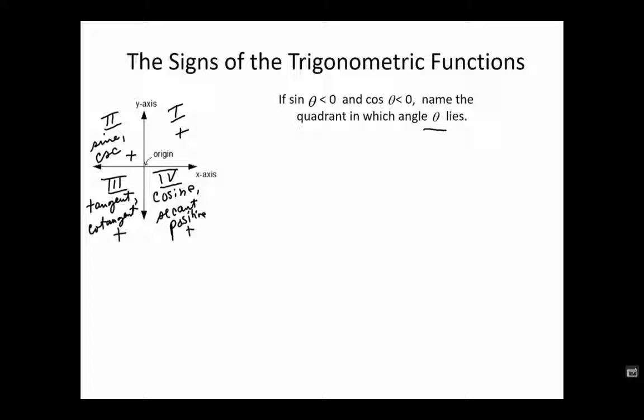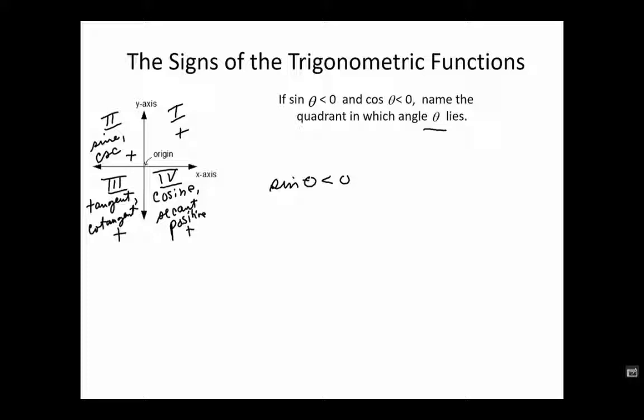The sine of theta is less than 0, so theta cannot lie in quadrant 1. Theta cannot lie in quadrant 2, since the sine of theta is positive in quadrant 2. So what do we have? We said that the sine of theta is less than 0.